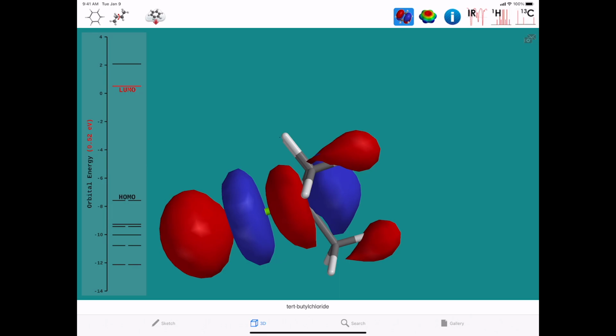So hydrogen. Setting up the calculation. Let's do optimization, minimum, default, method Hartree-Fock, charge plus 1, carbocation.